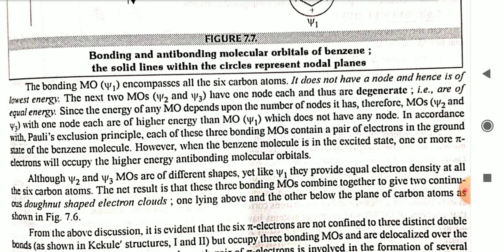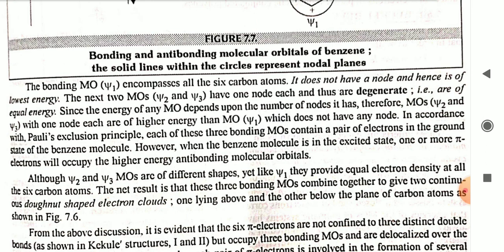It does not have a node and hence is of lowest energy. The next two MOs, psi2 and psi3, have one node each and thus are degenerate, of equal energy. Since the energy of any MO depends upon the number of nodes it has, MOs psi2 and psi3 with one node each are of higher energy than MO psi1, which does not have any node.